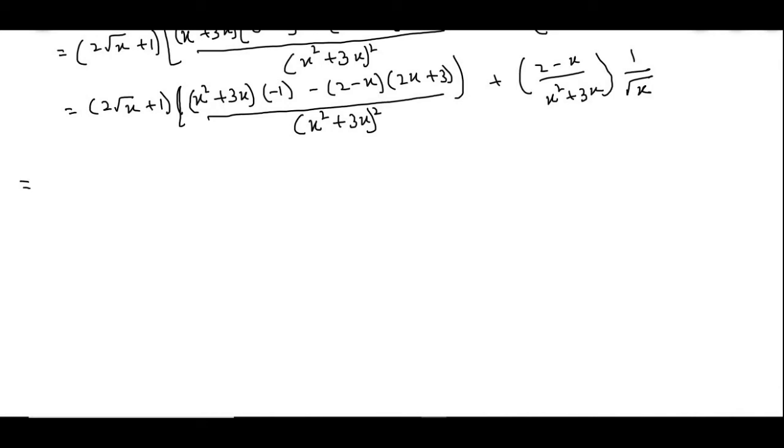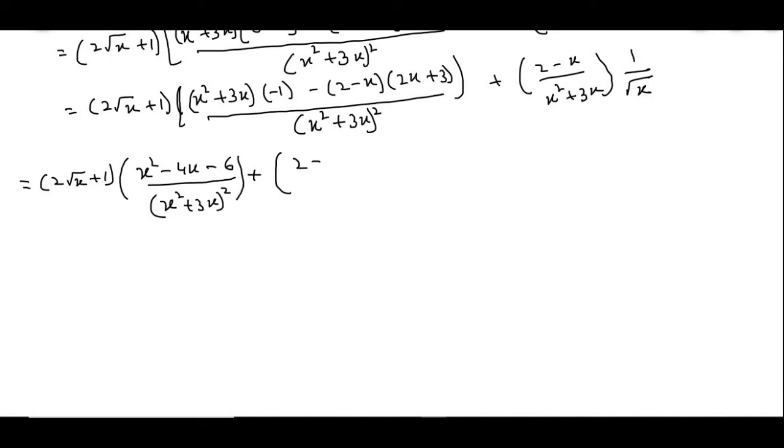Now after multiplying and simplifying, we get 2 under root x plus 1, x square minus 4x minus 6 over x square plus 3x whole square, plus 2 minus x over x square plus 3x and this under root.